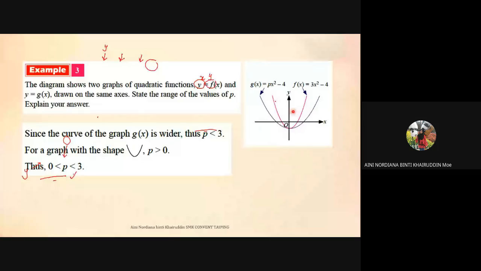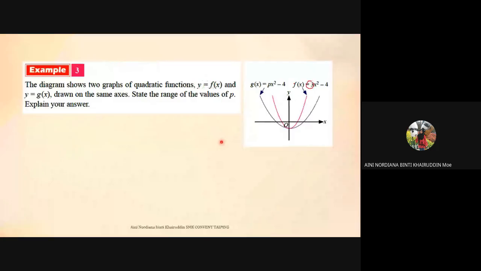The fat one and the thin one. Here the value is 3. So, can you guess the value of P, whether it is greater than 3 or less than 3? Anyone want to try? P is less than 3, teacher. Correct.